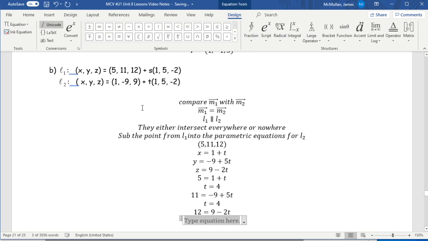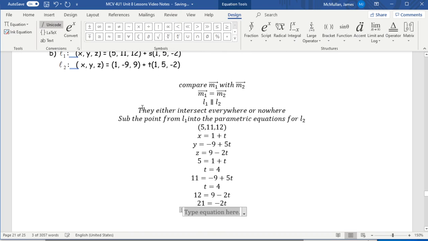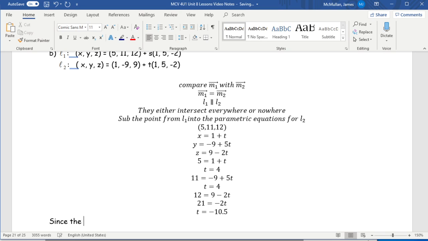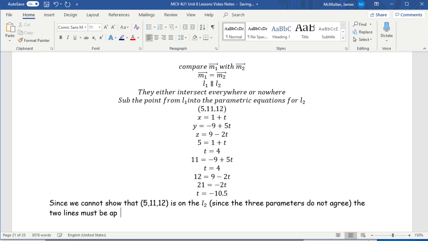To solve this, you'd see that 3 equals -2t, and therefore t is equal to negative 1.5. So since we cannot show that 5, 11, 12 is on L2, since the three parameters do not agree, the two lines must be parallel and distinct, and therefore never meet and have zero solutions.